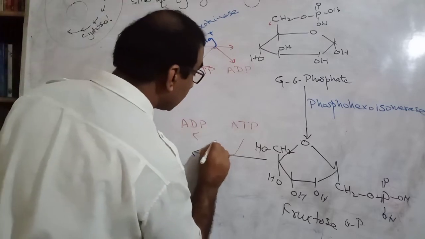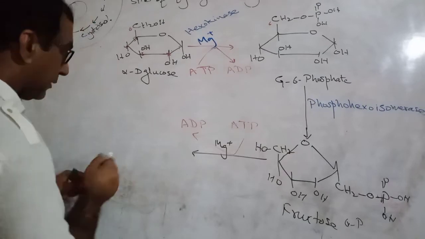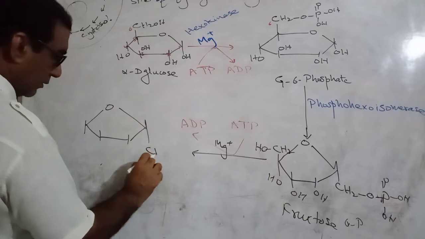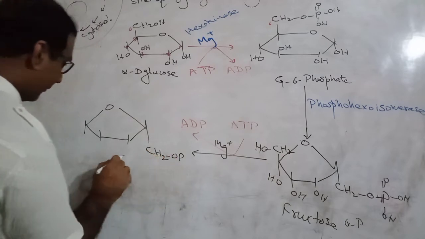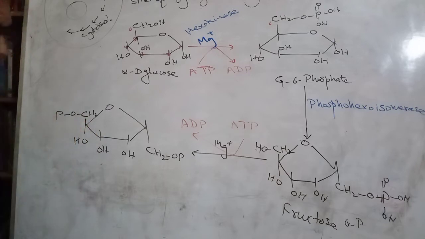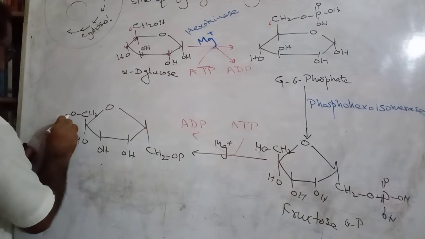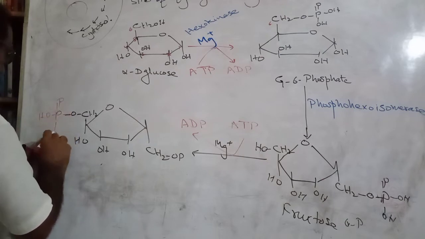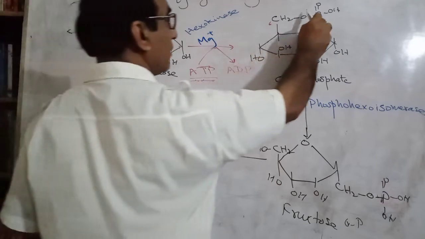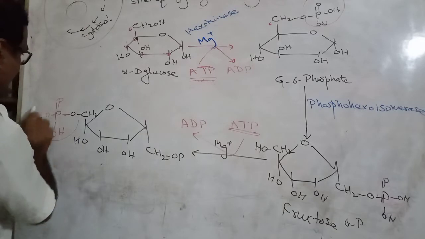Again, magnesium ion is used here as an activator, and the molecule which we will have is fructose 1,6-bisphosphate. So the phosphate from this ATP has been attached here, and from this other ATP, a phosphate has also been added here.